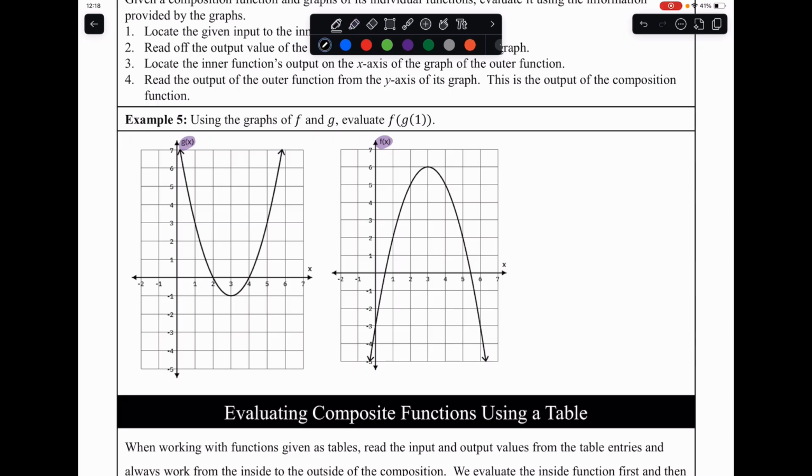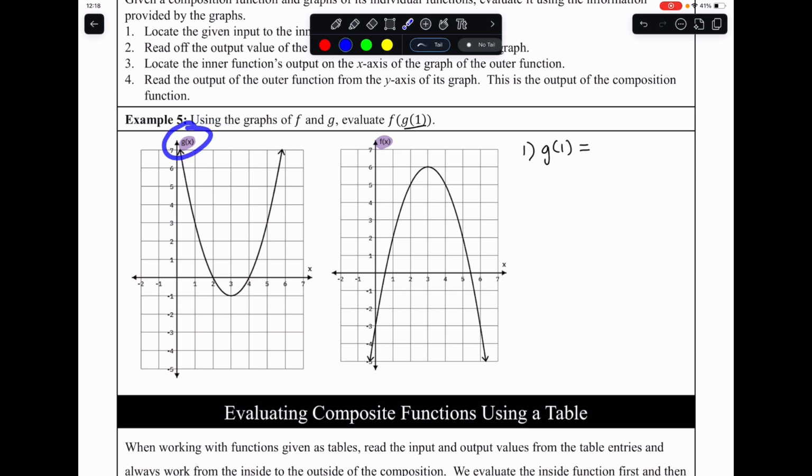We want to evaluate this composition here and figure out what this is. So step number 1 is to start with the inside, g of 1, and figure out what g of 1 equals. Looking at function g, the one on the left side, that's why I put it first, because we start with the inside.